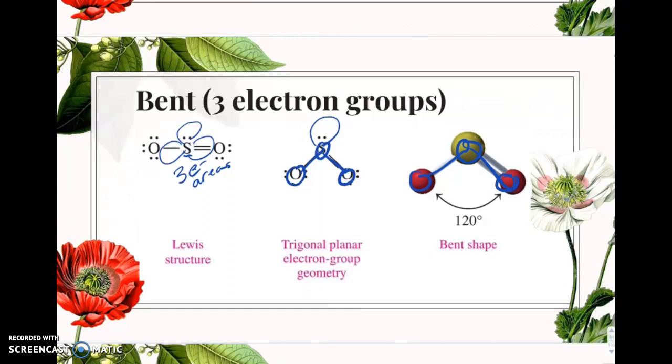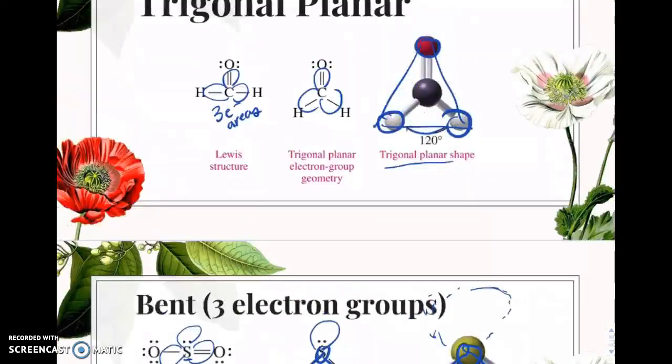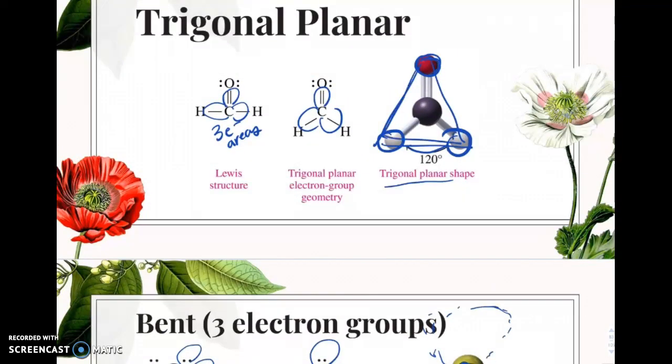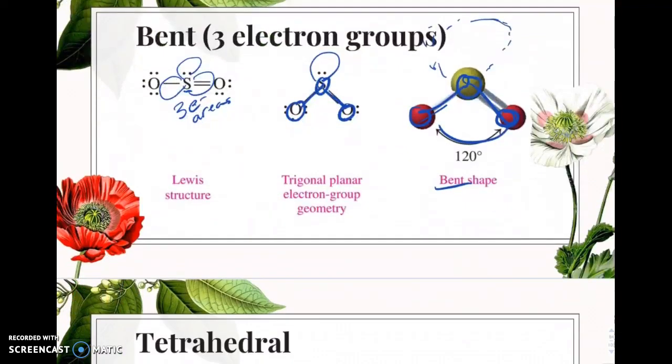And so I get this part of a trigonal planar, but I can't see this top part. It's kind of invisible. So I just get this bent shape. So it's still 120 degrees, but I just can't see the top. I don't have this top part of the triangle here to make it a triangle. So I just have this section that just kind of looks bent. So that's why I call it bent.